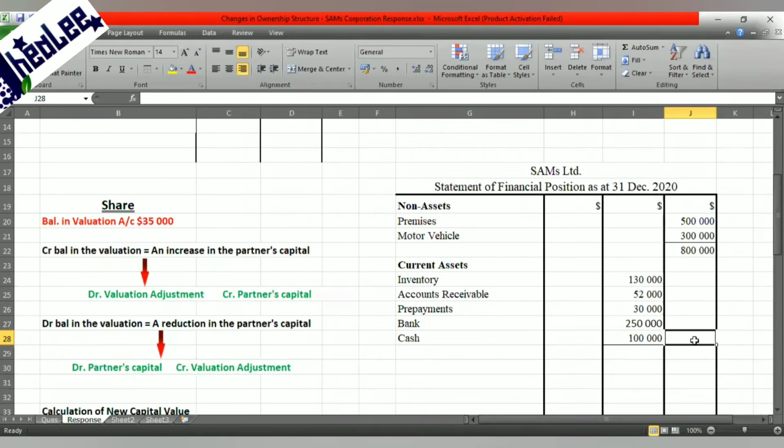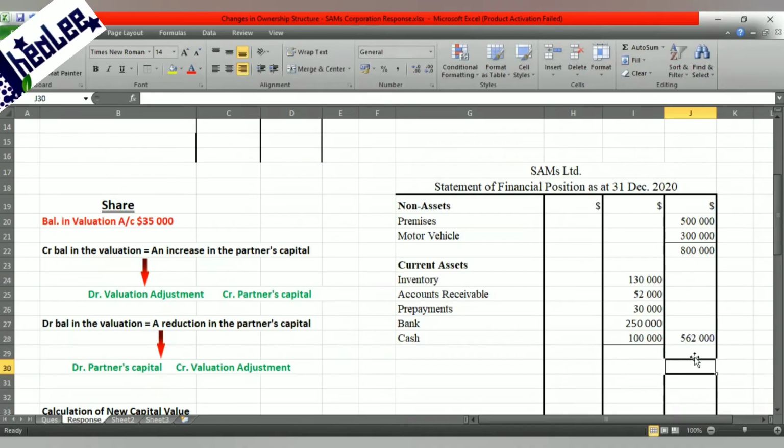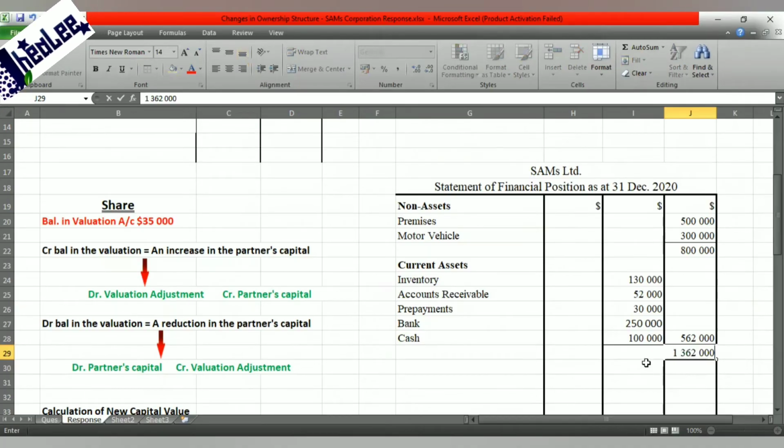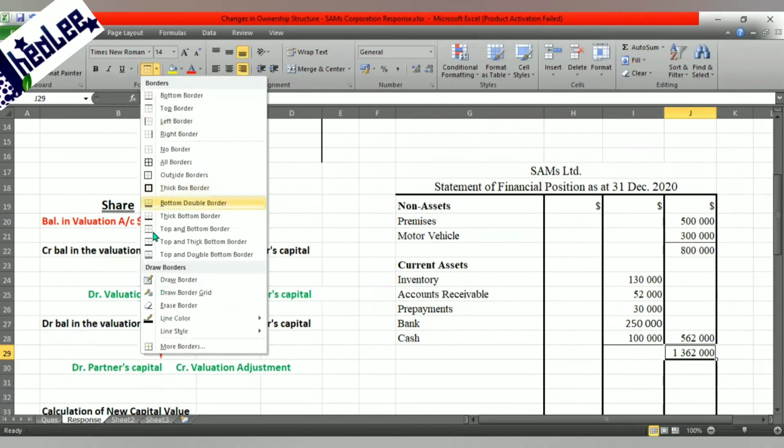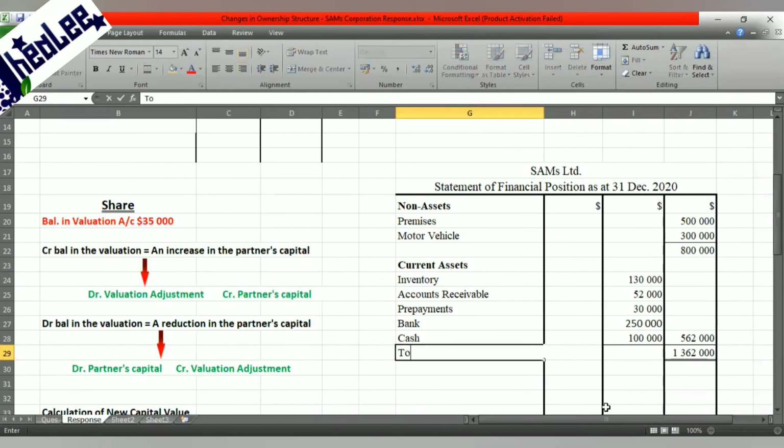Our total current asset is 562,000. Add that to the fixed assets, which is our non-current assets, and that's a total of $1,362,000. And to complete that, to show the total assets, remember, put your single line above and your double line below. That is referred to as total assets.